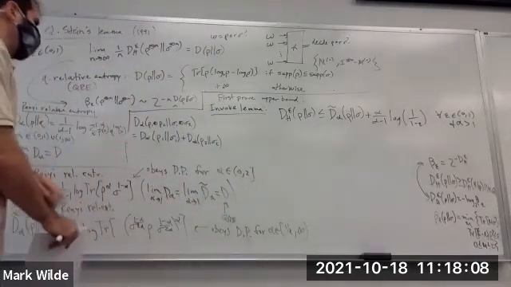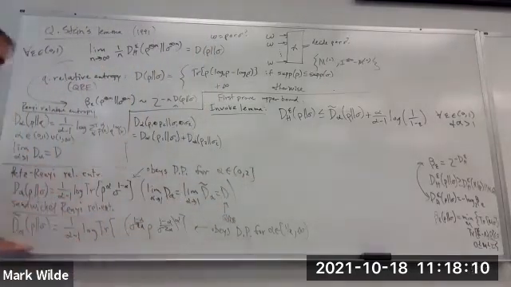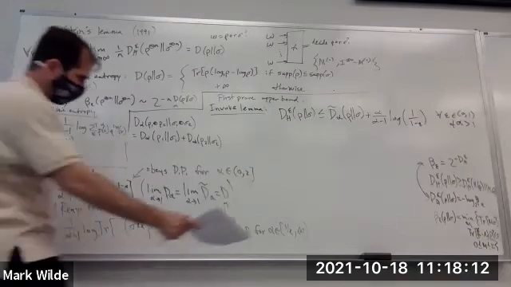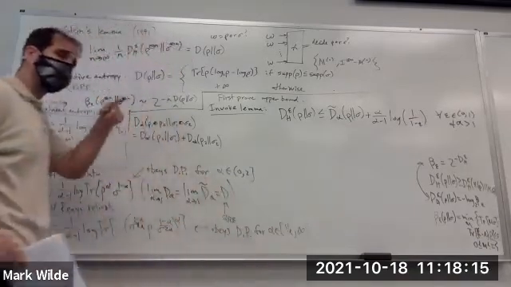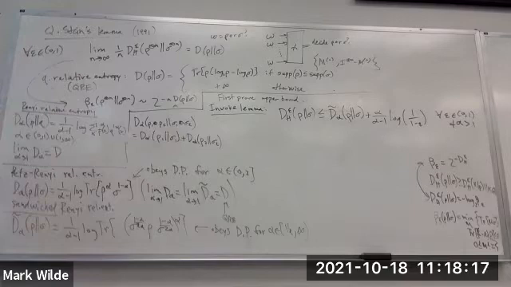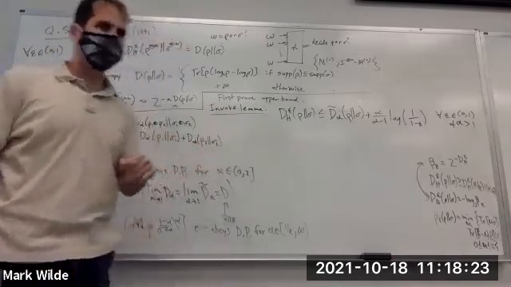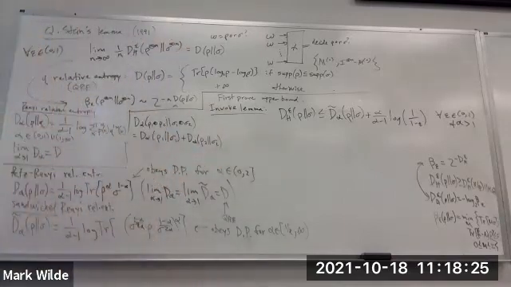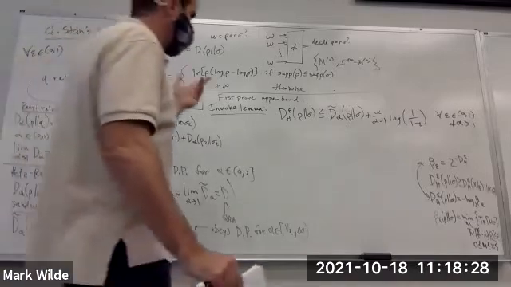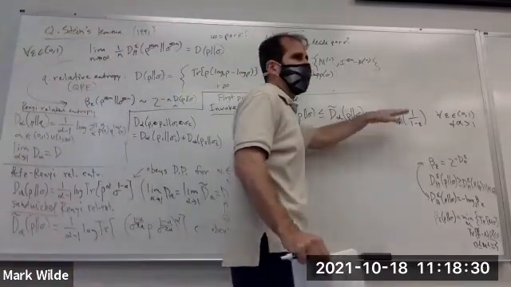What you use is data processing of the sandwiched Renyi for alpha between 1 and infinity. So you need that to start out with. But once you have that, you use data processing under measurements to extract the type 1 and type 2 error probabilities. And then you can work with them in some algebra to get this inequality.